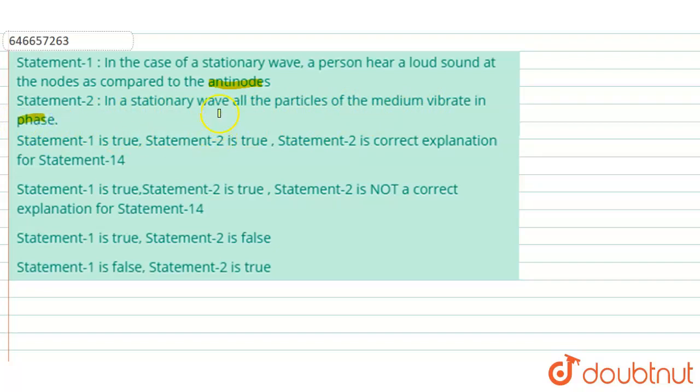So let us first analyze statement number 1. For that, let us draw the diagram of the stationary wave. You can see here I have drawn a stationary wave. Now how is a stationary wave formed in a medium?